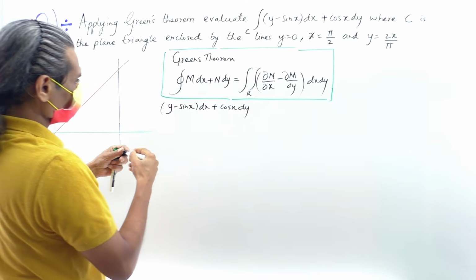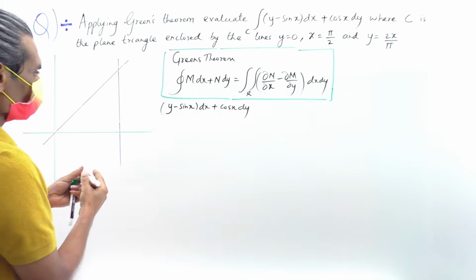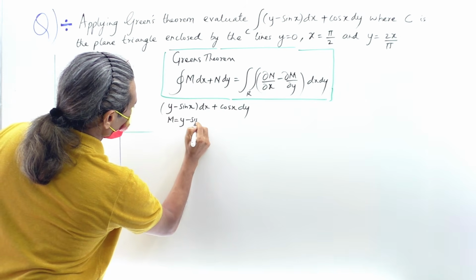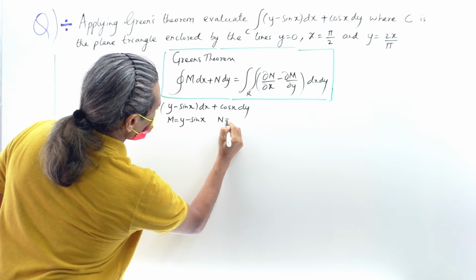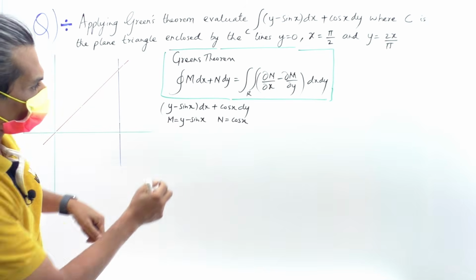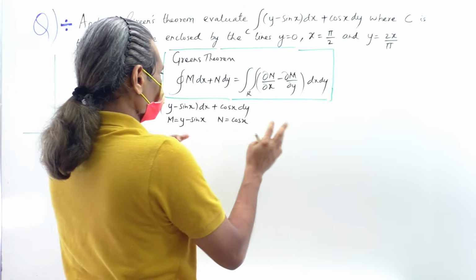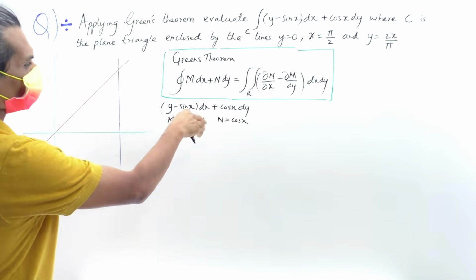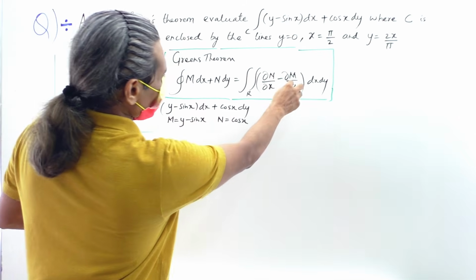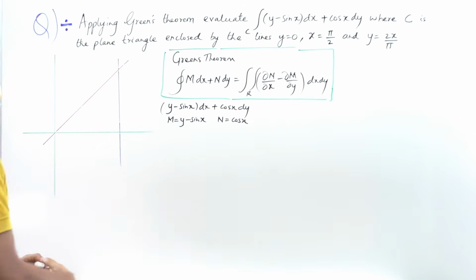If you check through M dx plus N dy, here M is equal to y minus sin x and N is equal to cos x. Just check the equation M dx plus N dy: y minus sin x is M, and N is cos x. Now we have M and N.